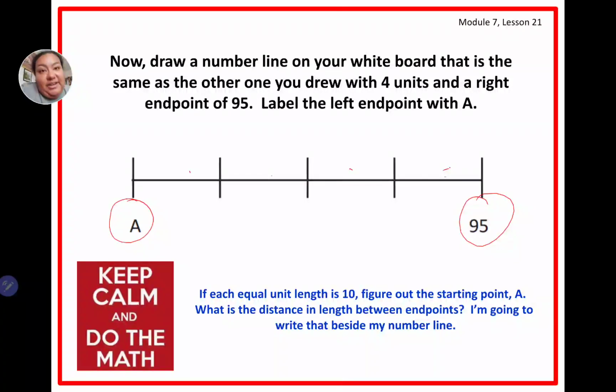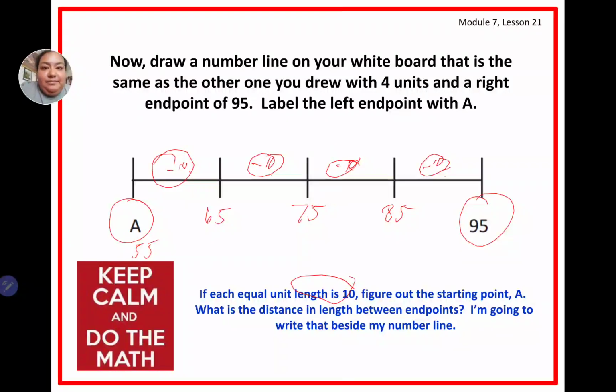Can I go higher than 95? No, I have to go backwards. So 95 minus 10 is 85, 75, 65, 55. So I went down by 10s because each unit was 10.